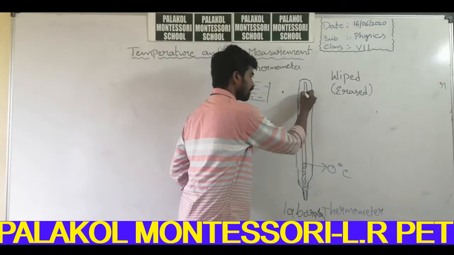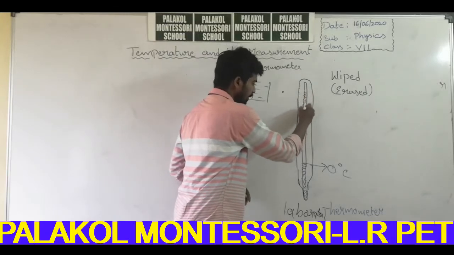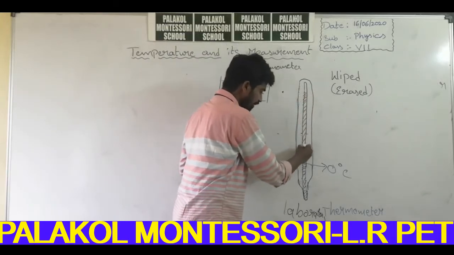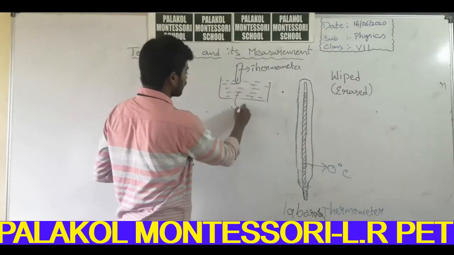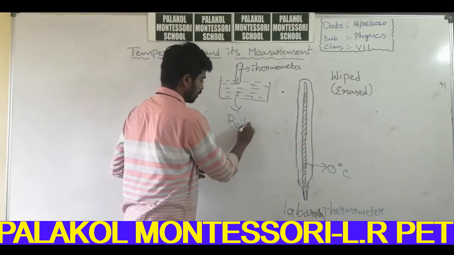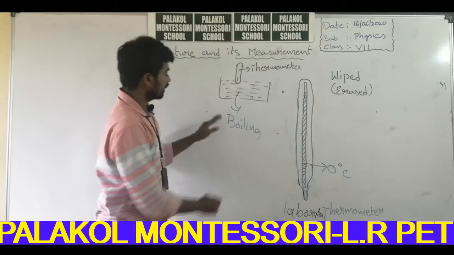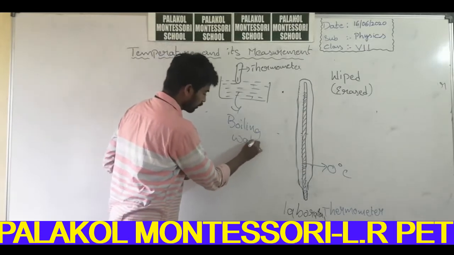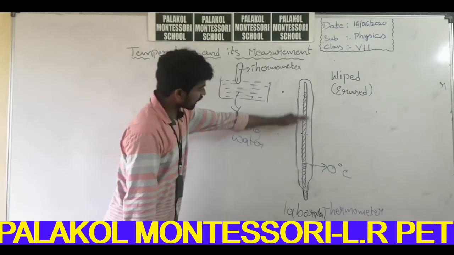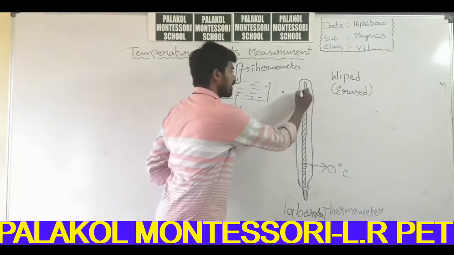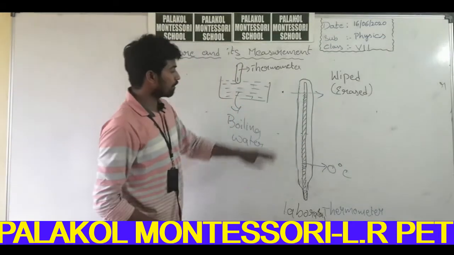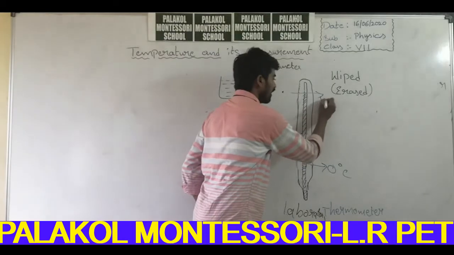Let us imagine the mercury was up to here. I will mark that position as 100 degrees centigrade.